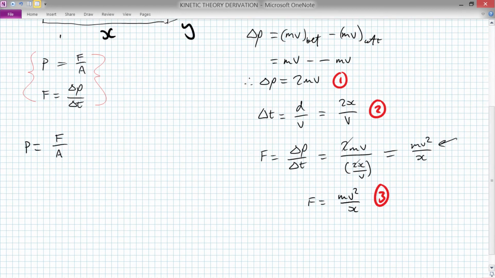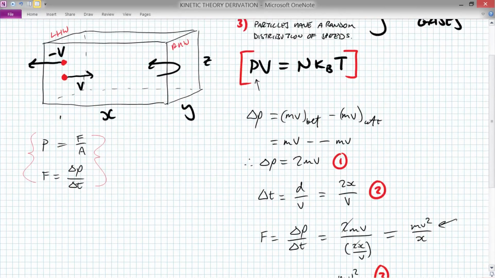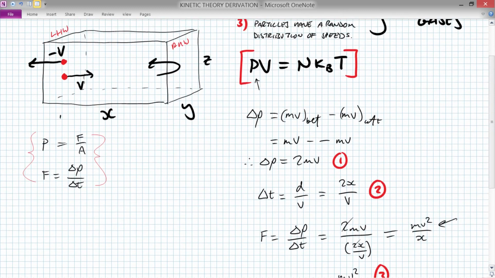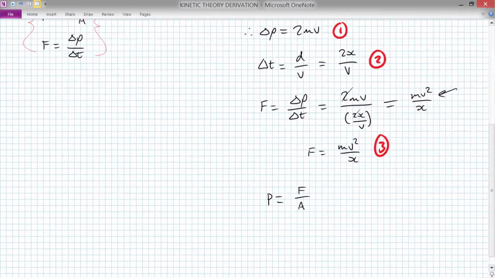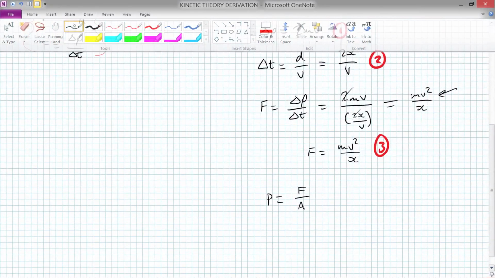So let's think about this. In fact, let me move this back over here and do a doodle. So pressure is the force over the area. So in the time that this particle has gone to the right hand wall and back, it's only had a collision with this wall here, so I can draw that, and it looks something like this.